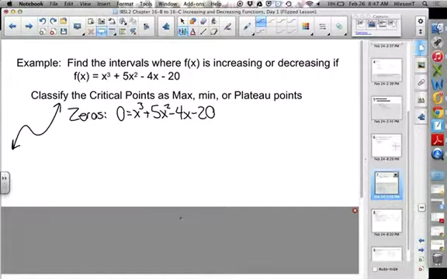And this actually does factor if you do factoring by grouping. I'm going to group these first two terms and the last two terms together. From the first two terms, they have a common factor of x squared, and there's an x plus 5 left over when I factor that out. My last two terms have a common factor of negative 4, which when I take it out, I end up with an x plus 5.